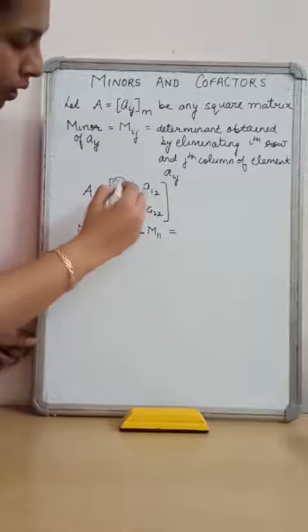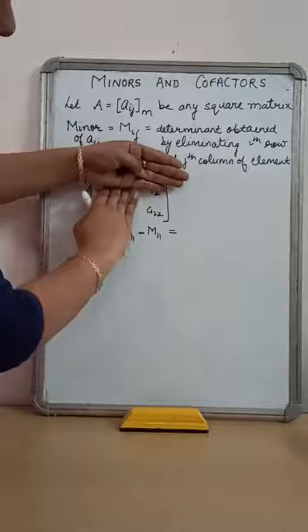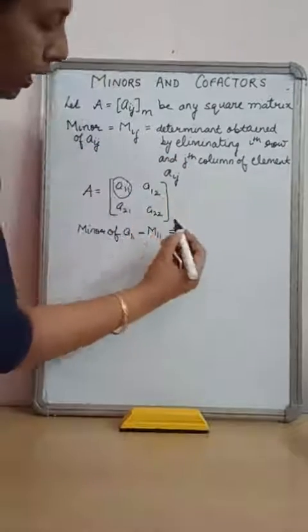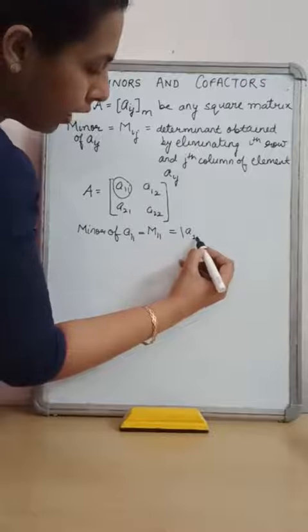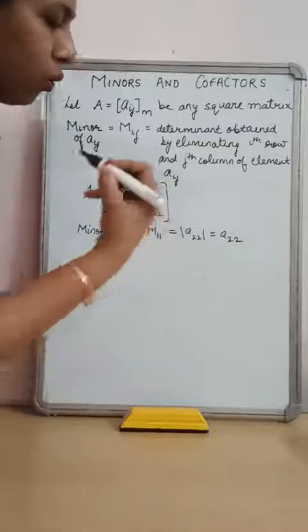So if I remove this first row and first column, what is left? A22. So the minor is the determinant of A22, which is a single element, so it is nothing but A22.